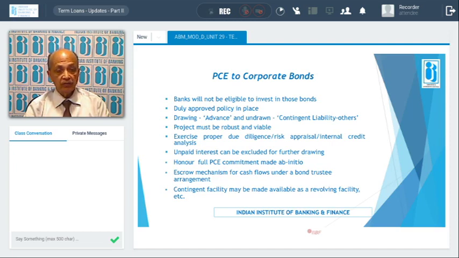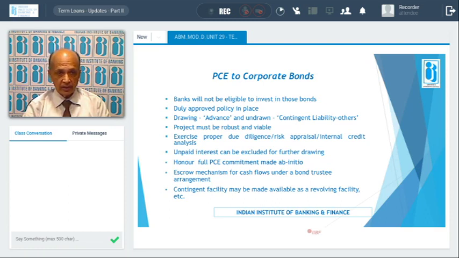And unpaid interest: while making further drawings, any unpaid interest on the drawn amount can be excluded. And always banks are required to honor full PCE commitments made from the beginning itself. They will have to give the full amount, but interest can be excluded.